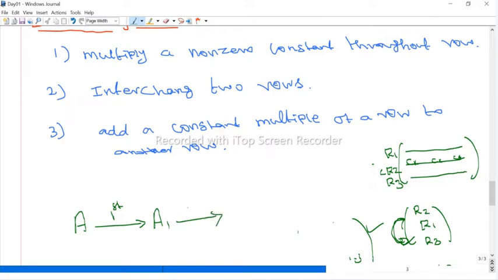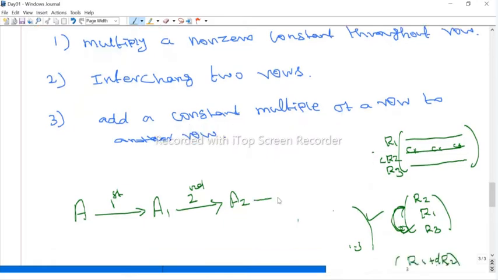Suppose I interchange two rows of this matrix A1, we get another matrix A2. I am not applying the second kind to A, but to A1. Suppose I apply the third kind to A2, we get another matrix A3. So this is the forward method.